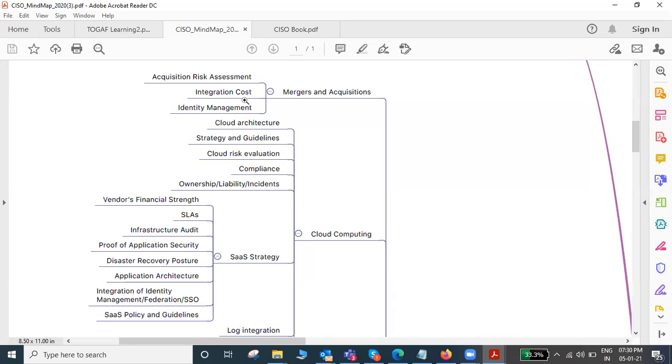The second thing we have to look at is whether it is financially viable for us to do that merger or acquisition. If we have the budget, then we'll go about the negotiation process and other things. I'm talking more from a product standpoint.